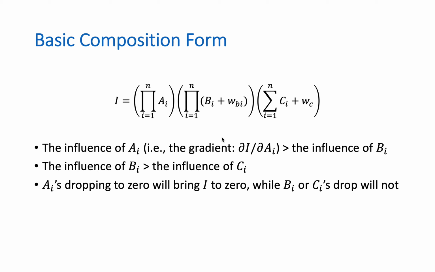Based on this form, type A measures have more influence than type B, and in turn type B more than type C, because you can estimate the gradients of I over A, B, and C. Another thing is that dropping A to 0 will also bring I to 0, while dropping B and C will not.